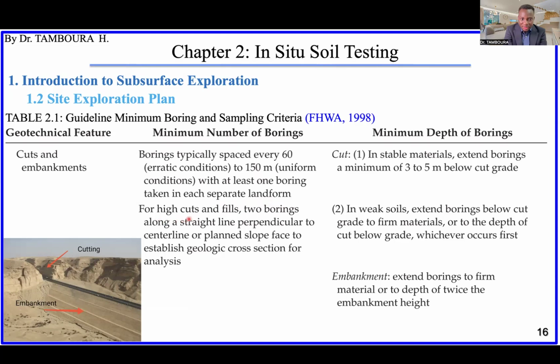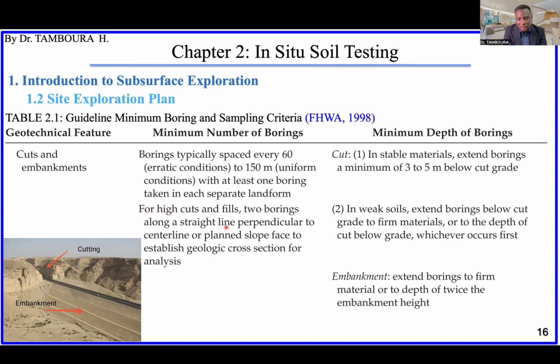Now for high cuts, maybe this one can be considered a high cut, because some cuts are just a few centimeters, a few meters. Maybe this one is a little bit higher. For this kind of high cut and fill, and this one also can be a very high fill, some fills are just a few centimeters.